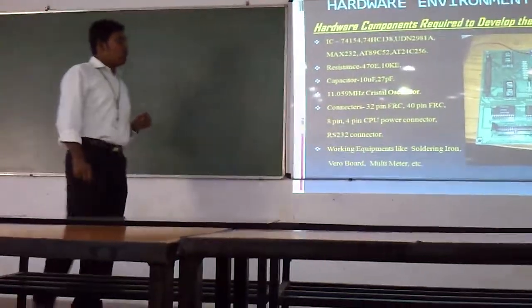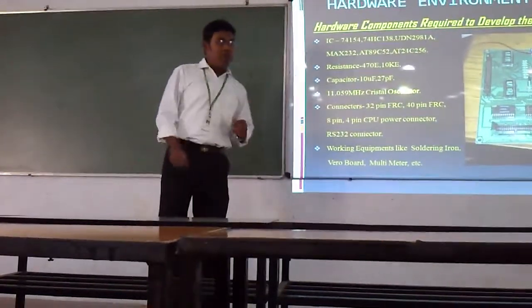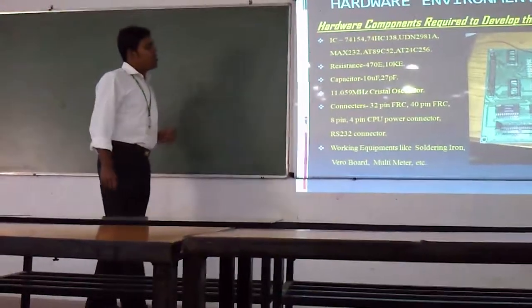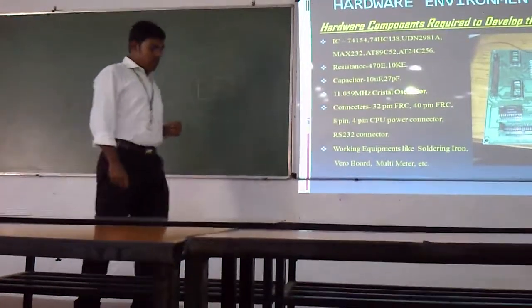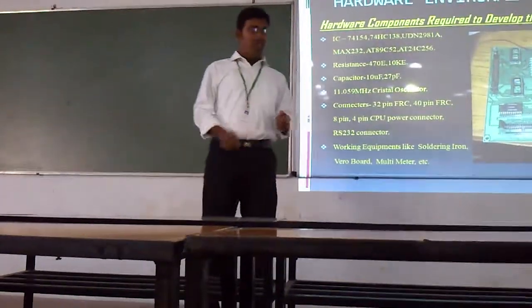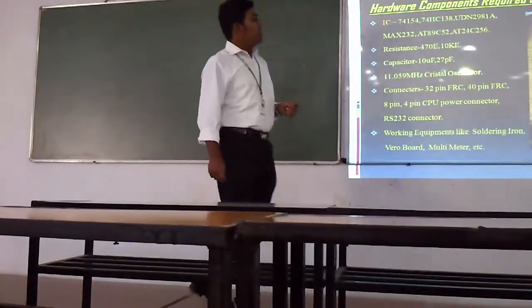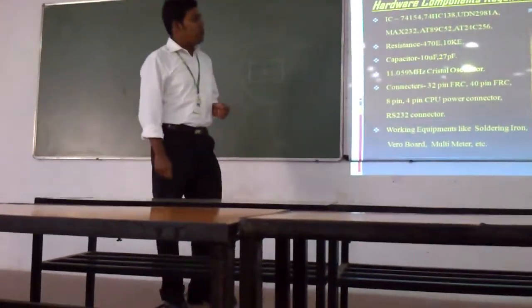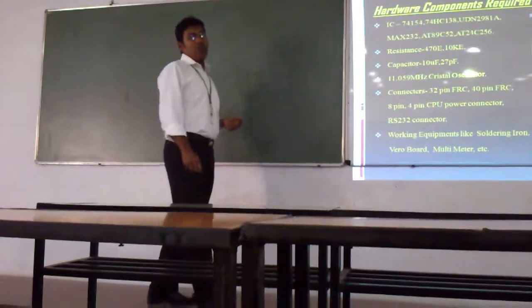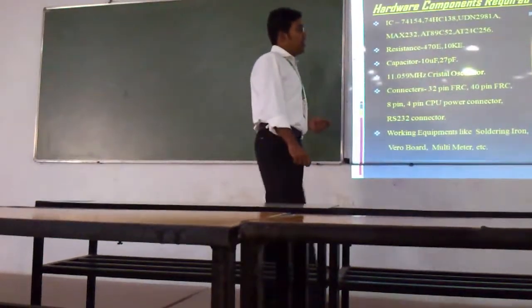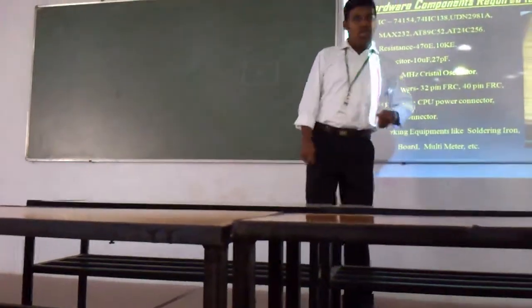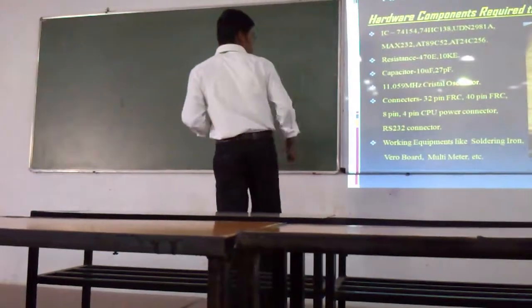UDN2981 is an amplifier IC, and MAX232 is the IC used for serial communication, and 89C52 is an 8052 microcontroller, and 82C256 is an EPROM IC, right?